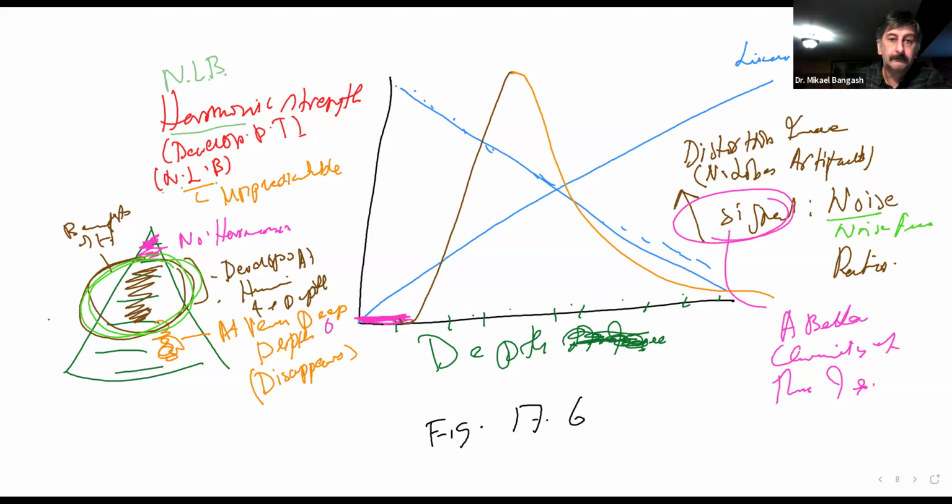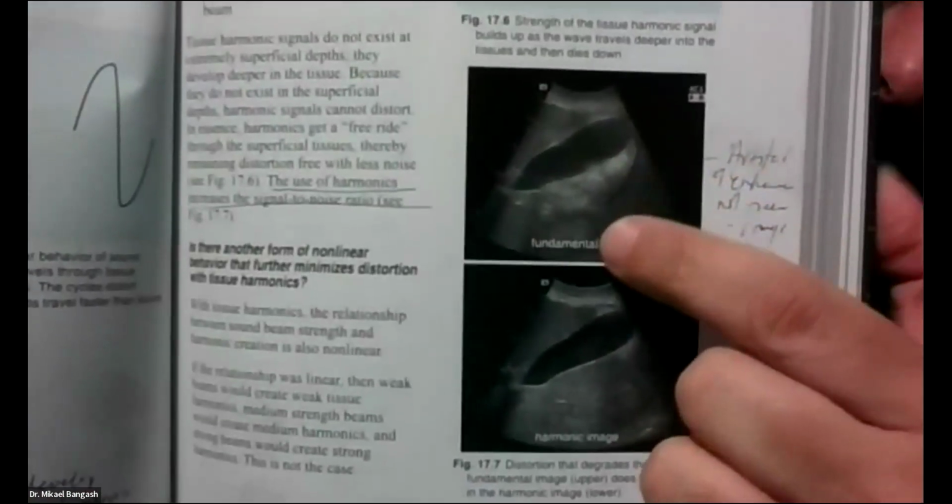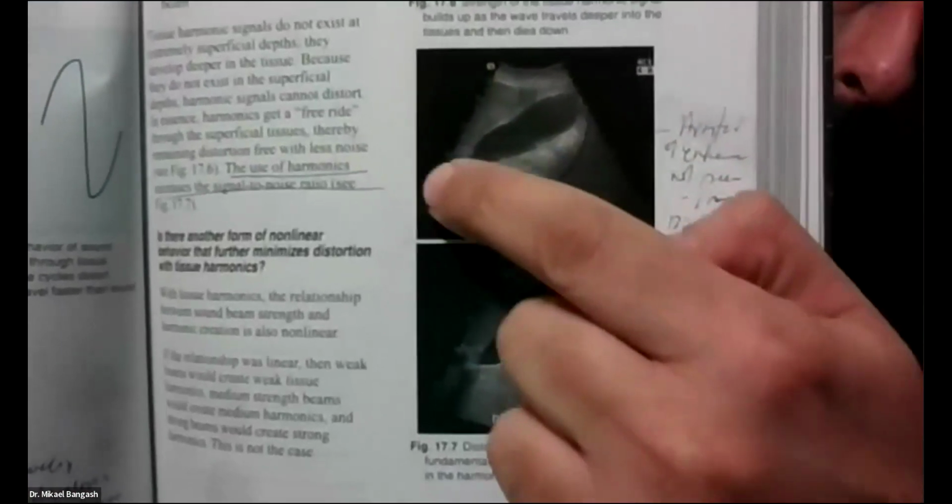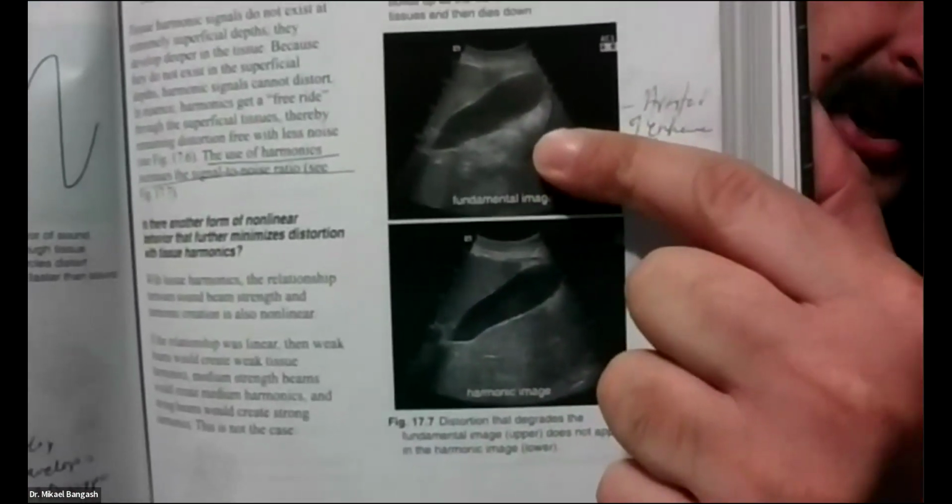Did you guys get that? So now just look at the two pictures below, or what you see in figure 17.7. But just look here, guys. Now this top image here, that is a fundamental image.